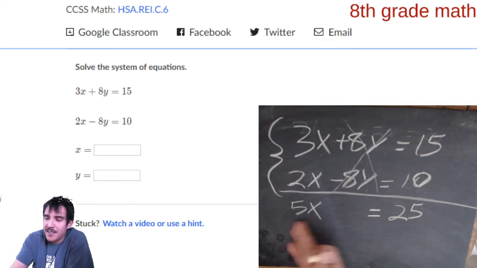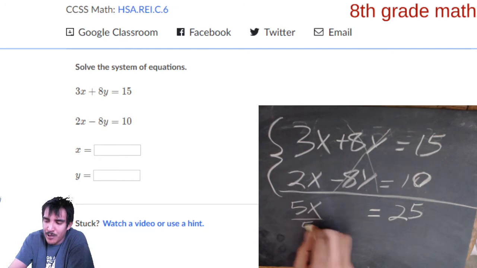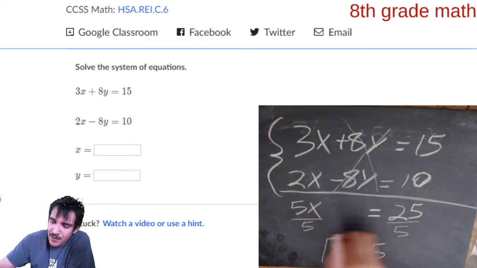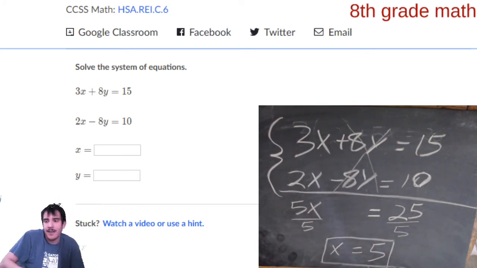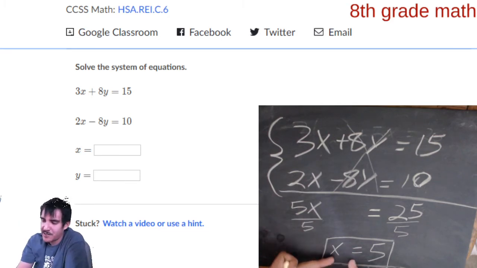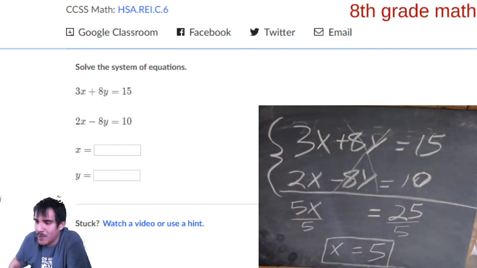So now we have this very simple equation, 5x equals 25. You probably already know what x equals in this case. We get x equals 5. That's our first answer, okay? Now all we have to do is take this first answer and substitute it into one of these equations, all right?